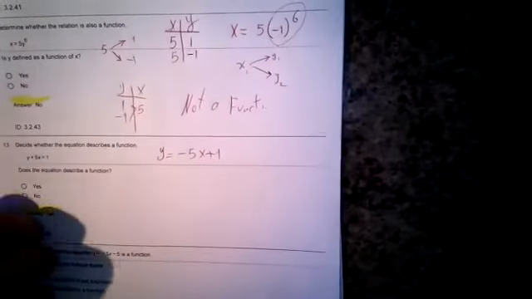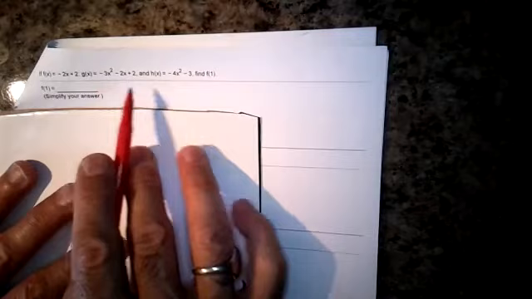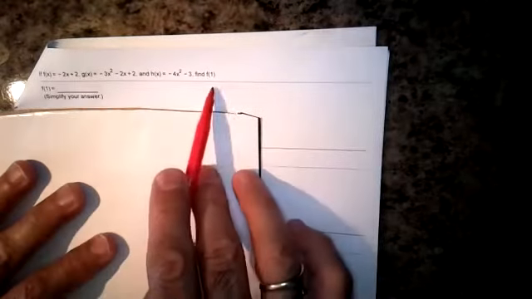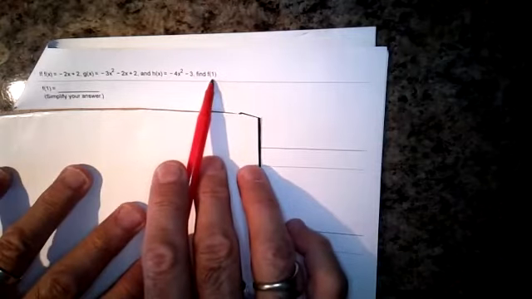All right. Now we deal with these problems where we give you different functions, f of x and g of x and h of x, right? Find f of 1. F of 1 means this. Go to the f function.